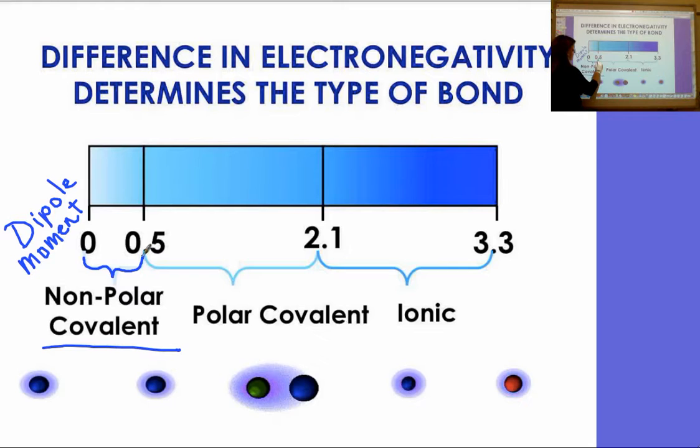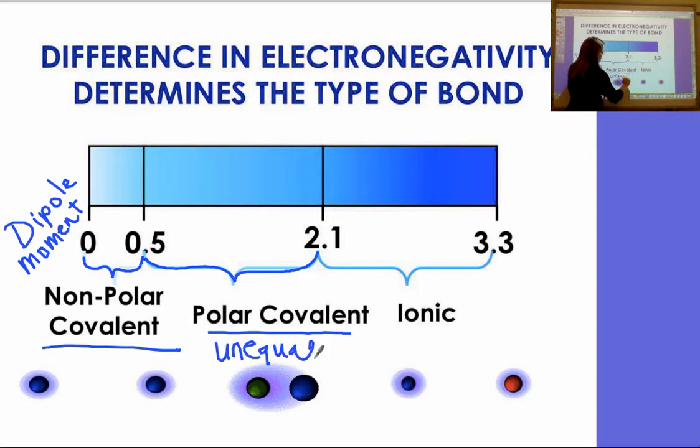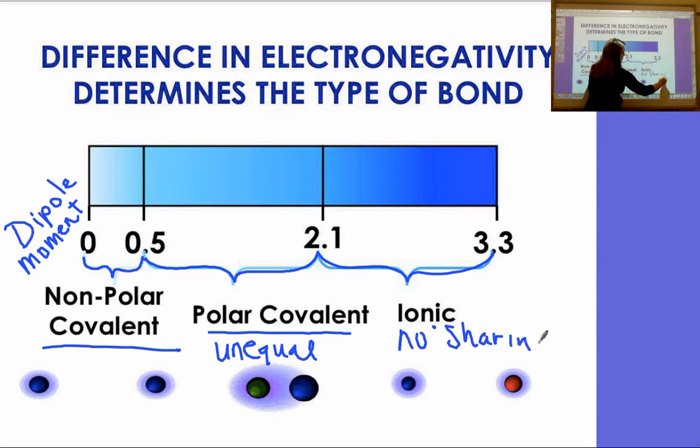If you subtract two numbers and you get between a 0.5 and a 2.1, that's a polar covalent bond. Remember, that's unequal sharing. And if you get a number greater than 2.1, the max should be about 3.3. That's an ionic bond. There's no sharing whatsoever in an ionic bond.